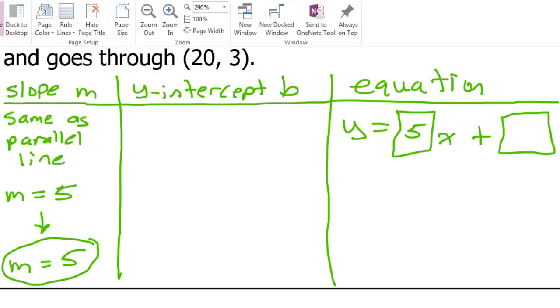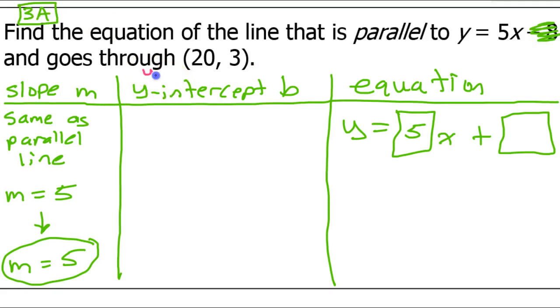Maybe I'll just put above this y equals mx plus b. And of course this is going to be my x and my y right here. So I'm going to have 3 is equal to, now the m, that's 5, the x is 20, plus b.